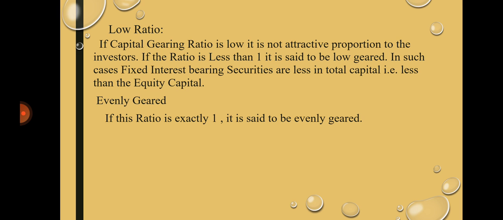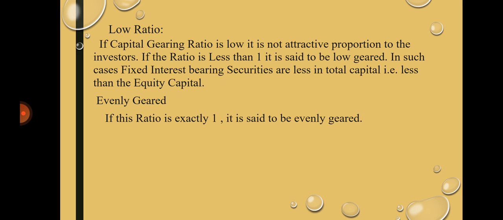If the ratio is less than 1, then it is said to be low geared, and in such cases fixed interest bearing securities are less in total capital, that is, less than equity capital. There will be more equity shareholders, and they will get a smaller amount of dividend. This is the situation when there is a low geared capital structure.